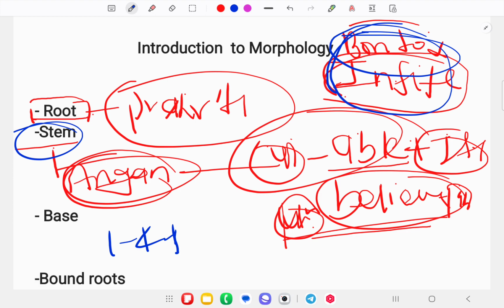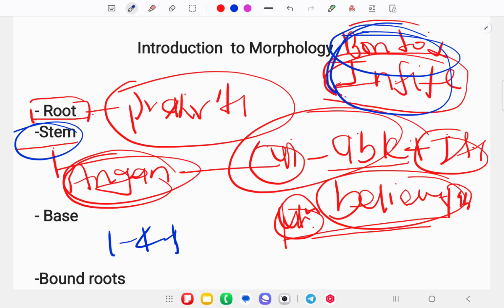Okay. So next we have another term, which is the base. One more thing about the stem: when we attach affixes or prefixes, we count the morphemes. When new affixes are added to a root word, a new meaning is created.